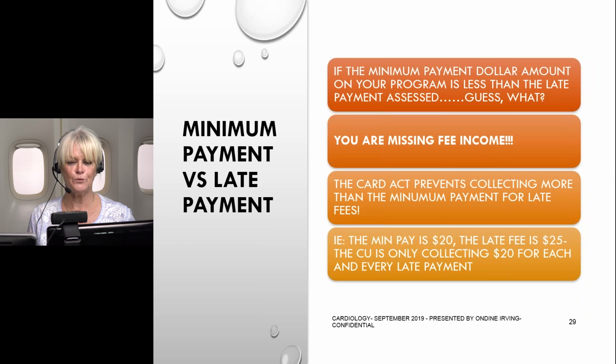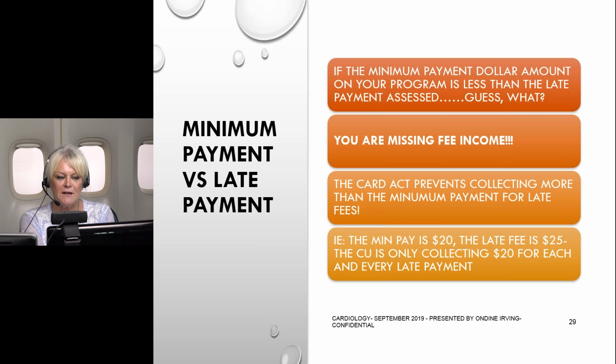Okay, now this is where I want everybody to do this test. I had a credit union last week that found $80,000 a year in this exercise. If your minimum payment dollar amount on your program is less than the late payment, guess what? You're missing fee income, because the Card Act prevents you from collecting more than the minimum payment as a late fee.